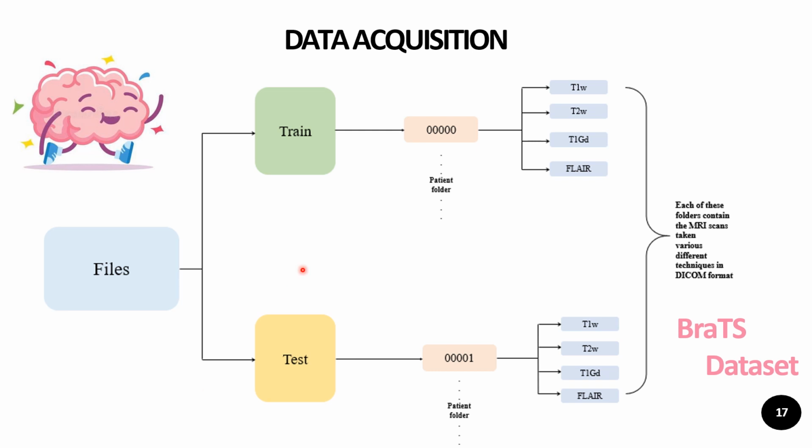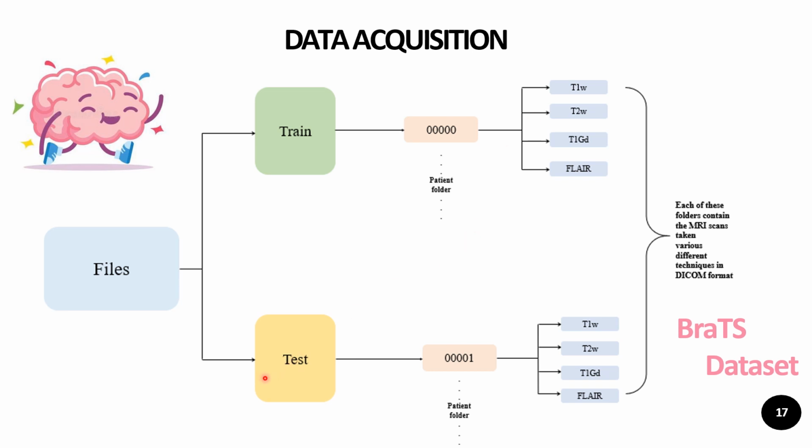So for the data acquisition, there are two types of files, the training dataset and also the testing dataset. Each patient will contain the MRI scan taken from various different techniques in DICOM format. So there are 4 modalities: T1W, T2W, T1GD, and FLAIR, which I explained previously.